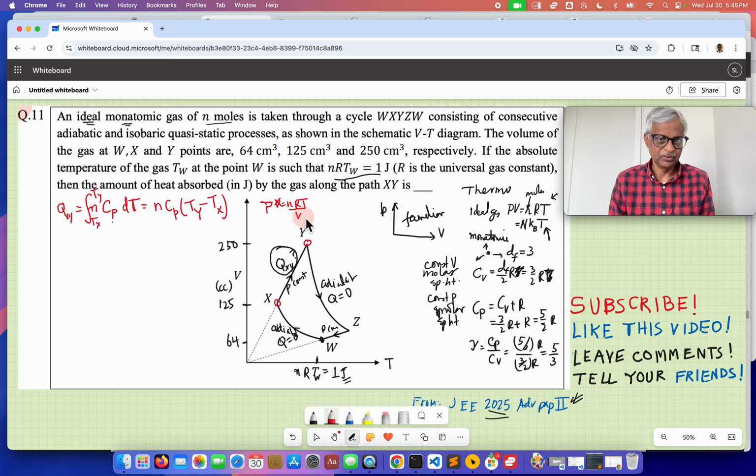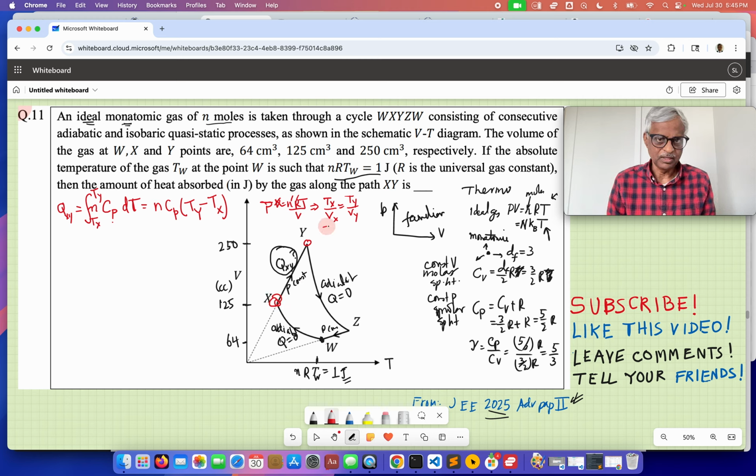So you can say that when I go on this process, this is constant, this is same. So Tx over Vx equals Ty over Vy. So let's get rid of Ty because x is next to W, so maybe write everything in terms of x.